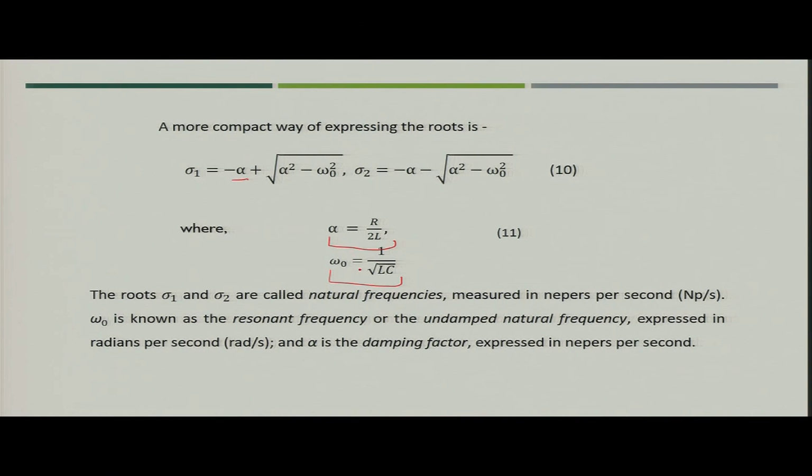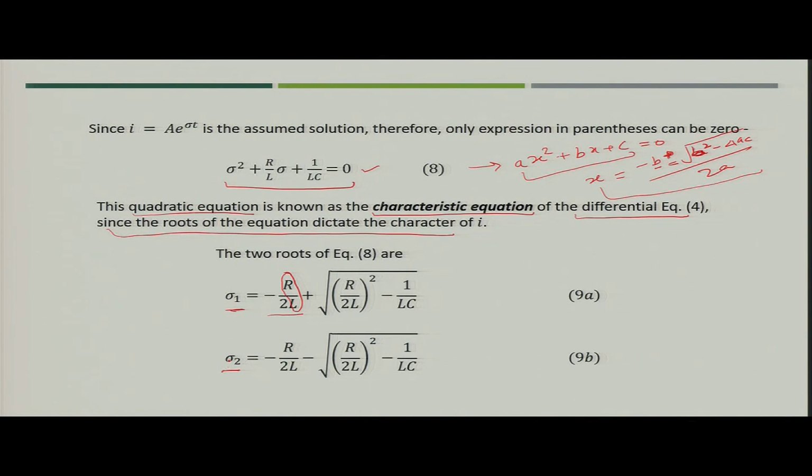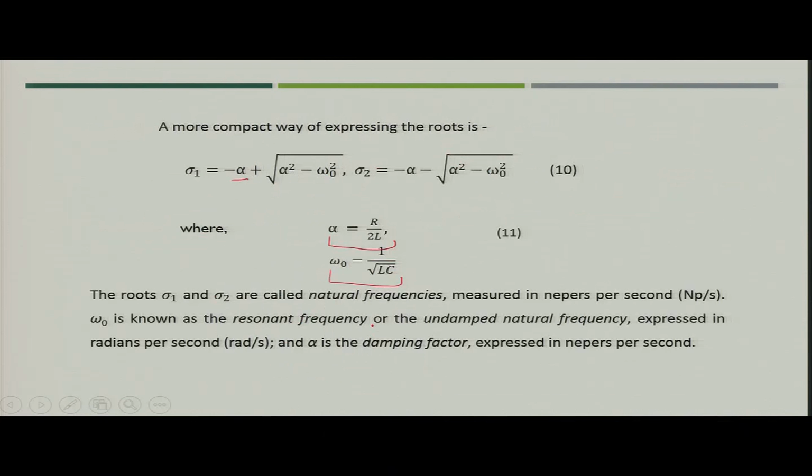If you assume these two factors and put them in the values of sigma 1 and sigma 2, you can simplify this as sigma 1 is equal to minus alpha plus root of alpha square minus omega naught square, and sigma 2 is equal to minus alpha minus root of alpha square minus omega naught square.